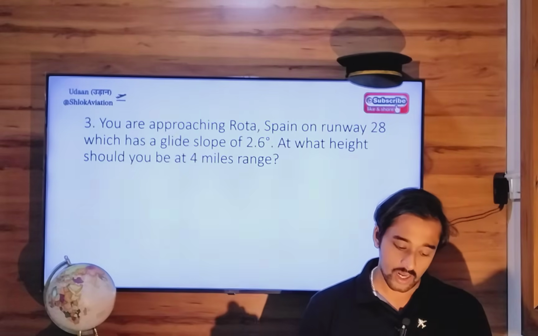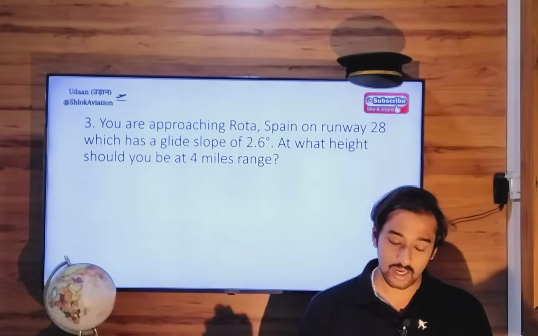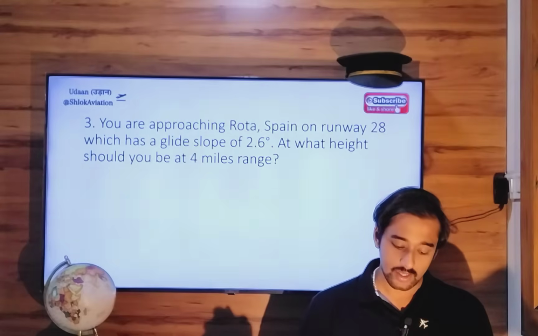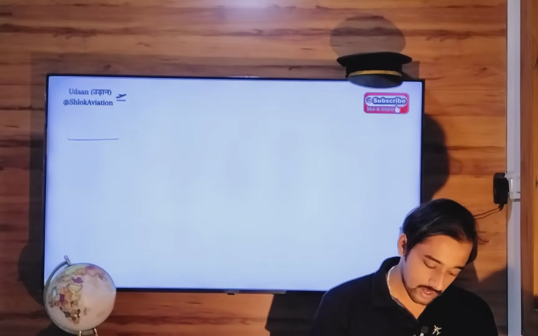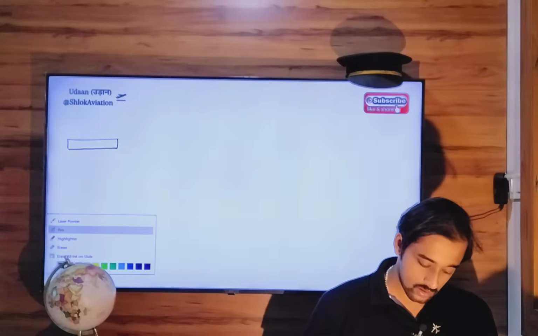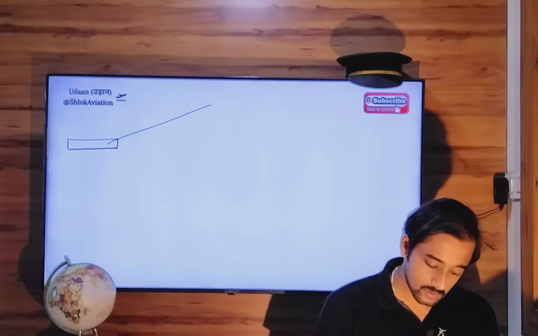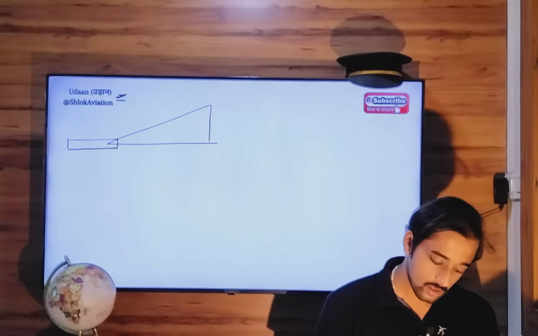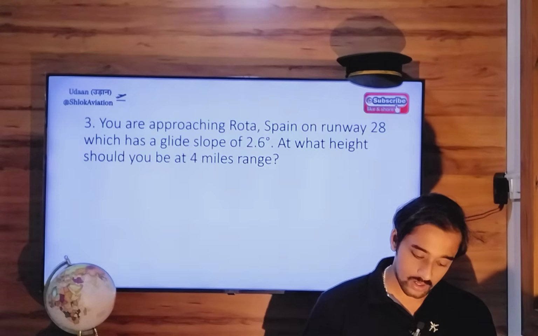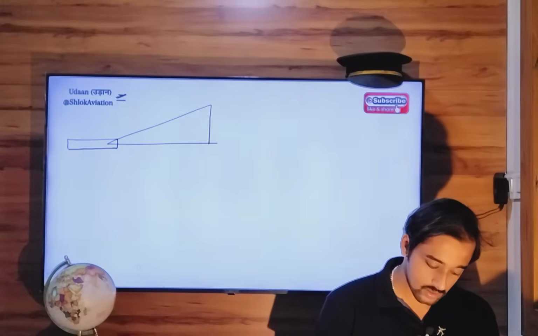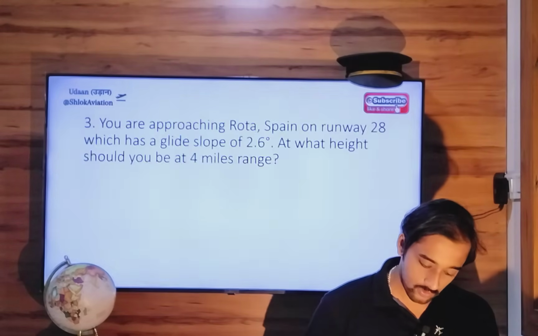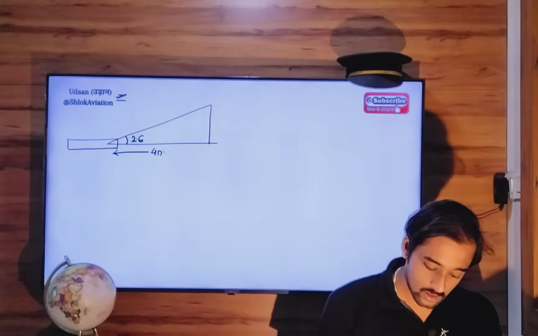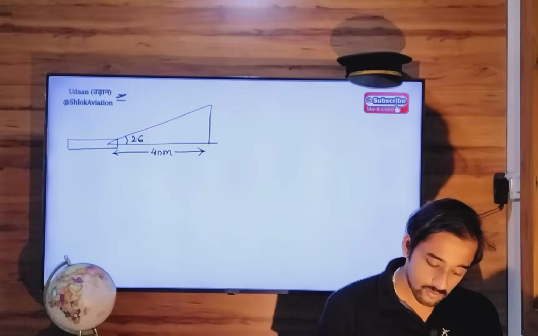Question 3. You are approaching Spain on runway 28, glide slope 2.6, and the range is 4 nautical miles. So similar question. This is your runway and this is the glide slope, glide slope 2.6, distance 4, you have to find height.